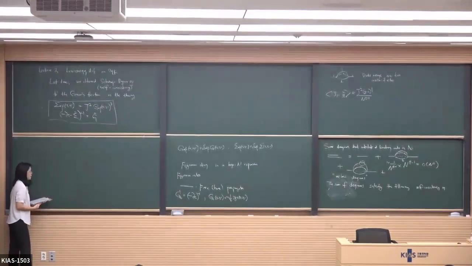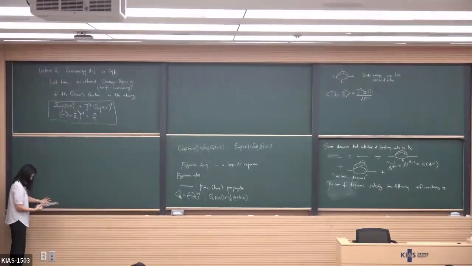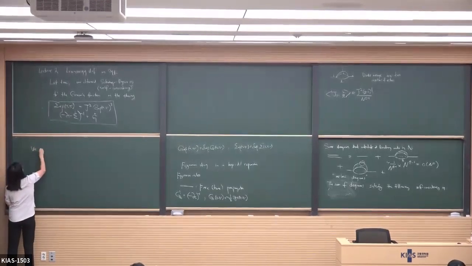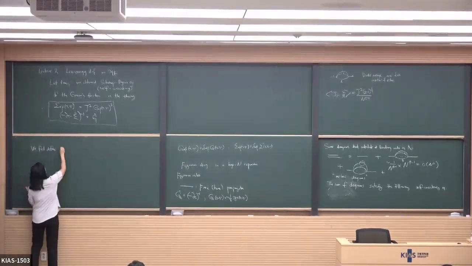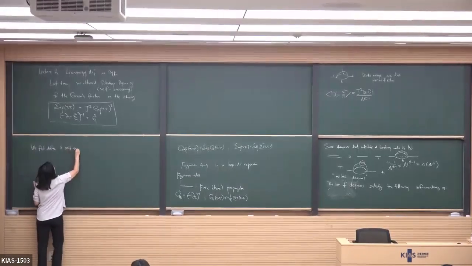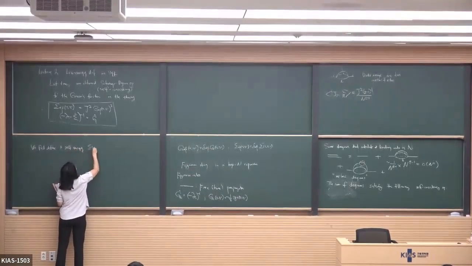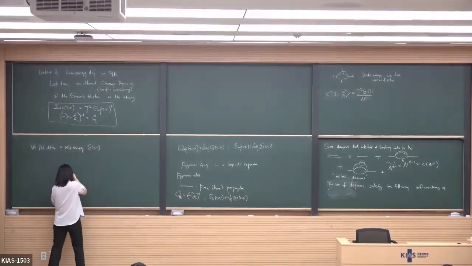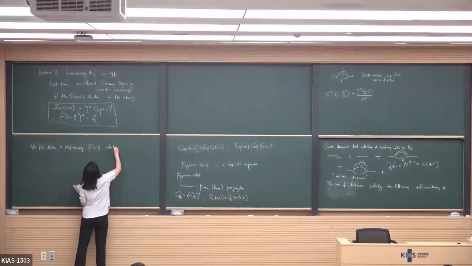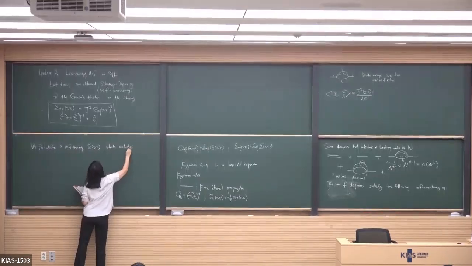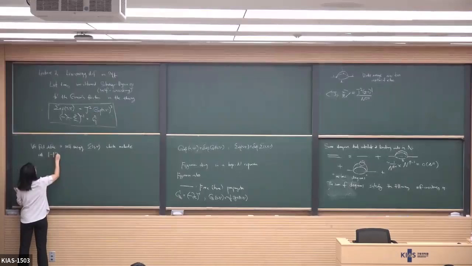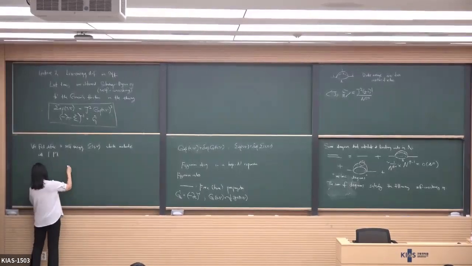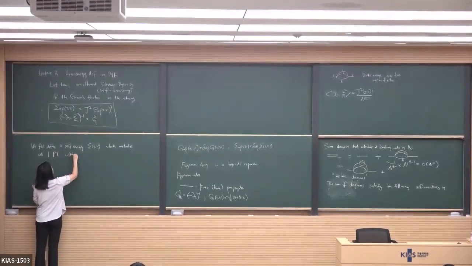So let's first define a self-energy, which as I mentioned last time, includes 1PI diagrams. So we first define a self-energy, which includes all one particle irreducible, or 1PI, contributions to the propagator.